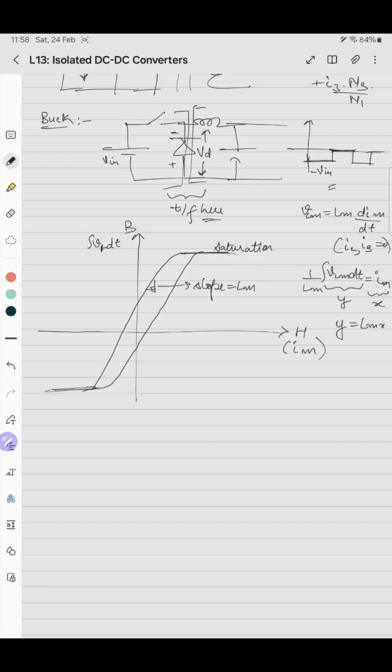So the transformer can operate in these regions, quadrant number 1 and quadrant number 3. So 1 and 3 are the operating regions of the transformer, and the slope of the BH curve gives the magnetizing inductance.